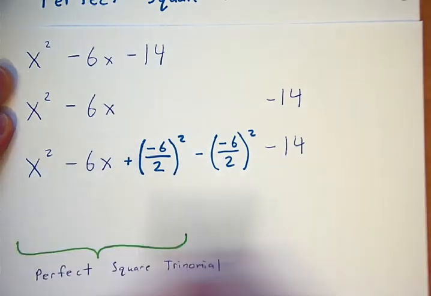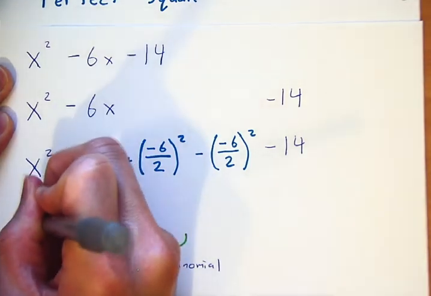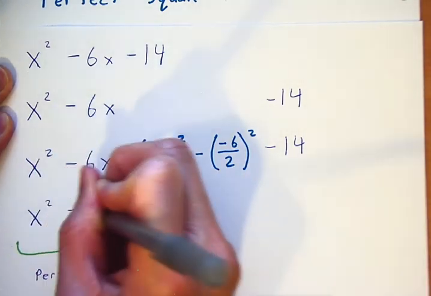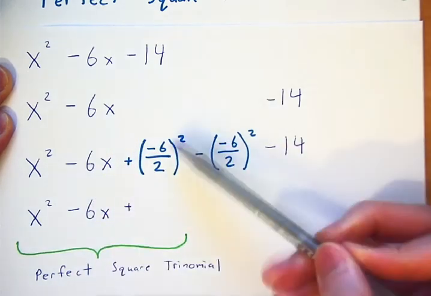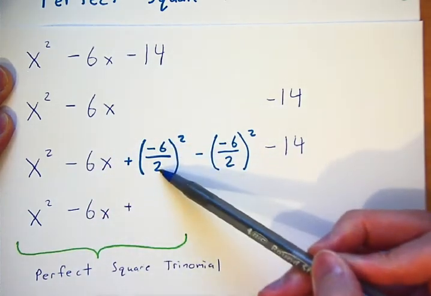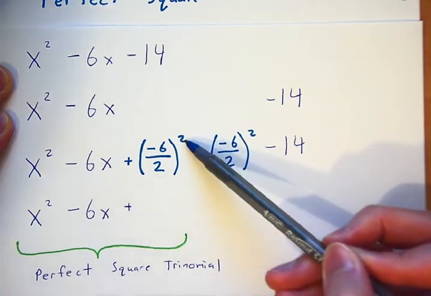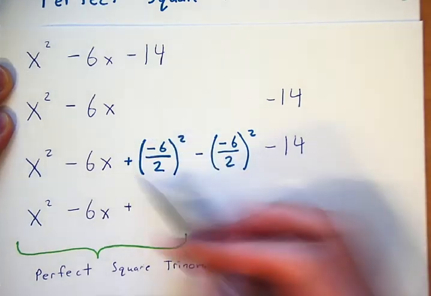Let's simplify this line. Negative 6 divided by 2 is negative 3. Negative 3 squared, or negative 3 times negative 3, is 9. So this right here is plus 9.